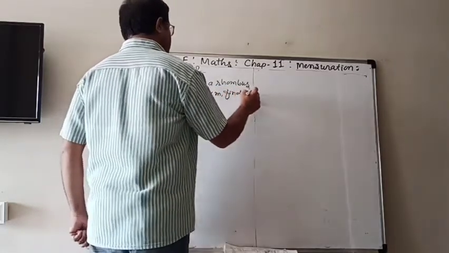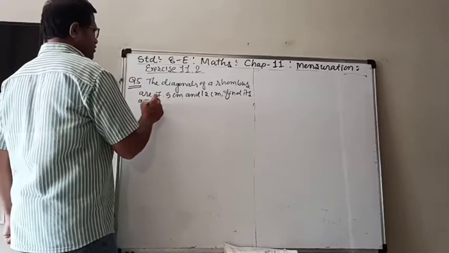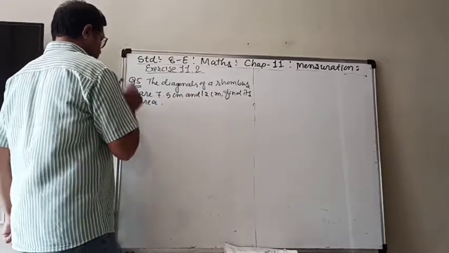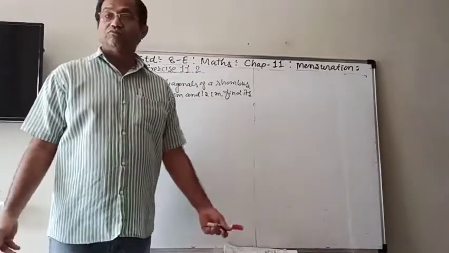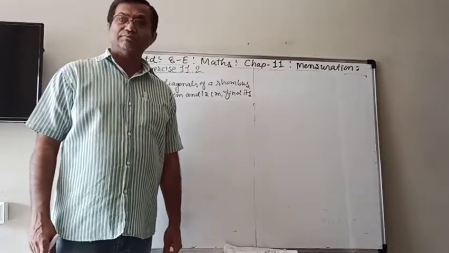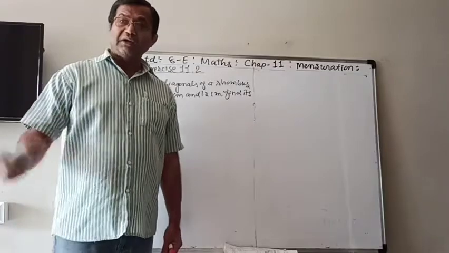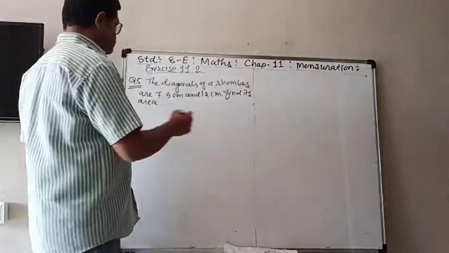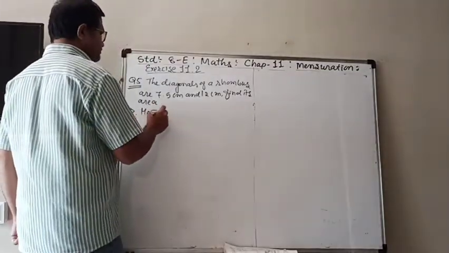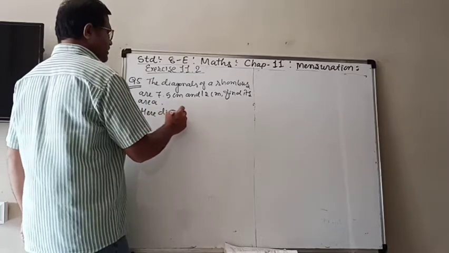Find its area. Now, for a rhombus it is very simple, but only when you have the formula in your mind. So now here, diagonals.